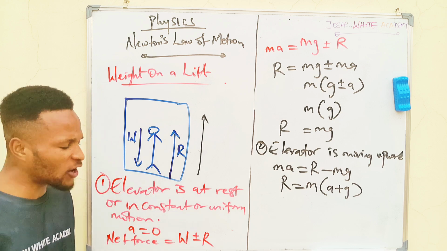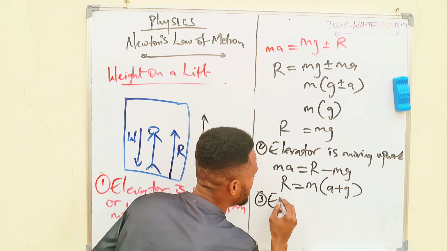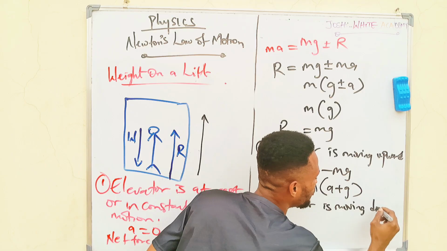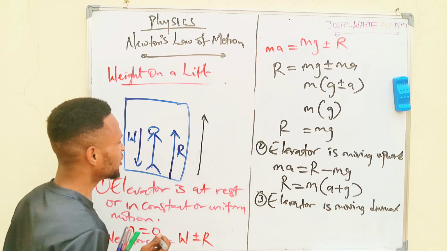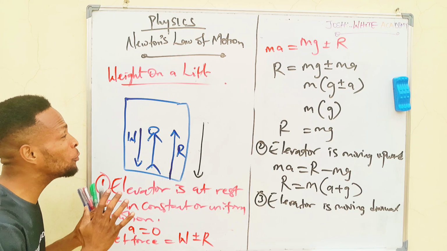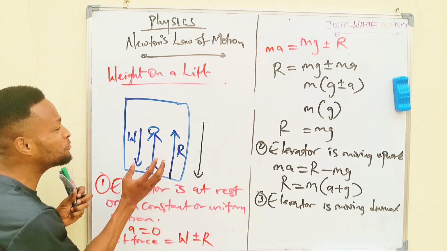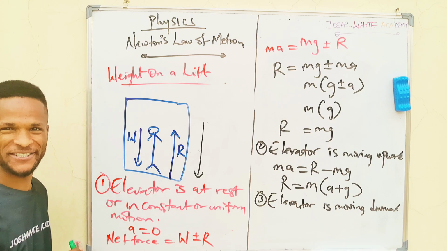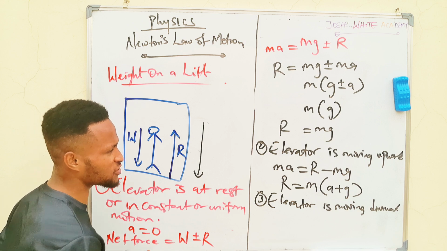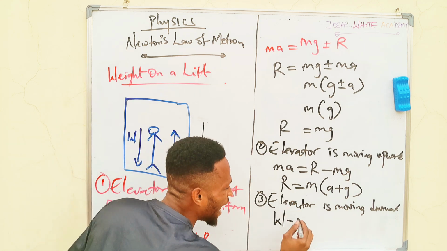Now, the third scenario is when the elevator is moving downward. So in this case, our elevator is moving downward. So now, what will be our dominant force? Our weight will be our dominant force because it is moving in line with the weight. So in this case, our net force, which is ma, will now be weight minus reaction.